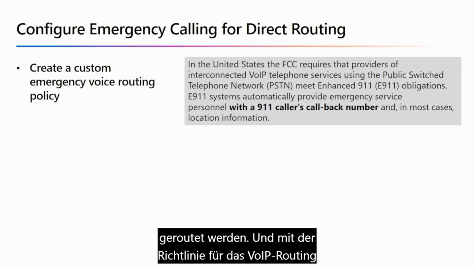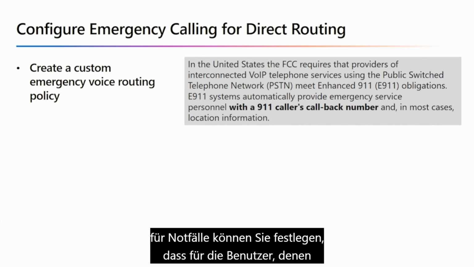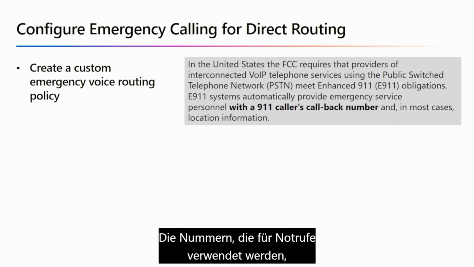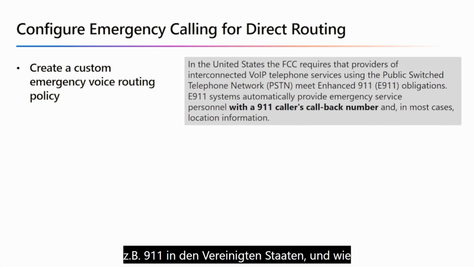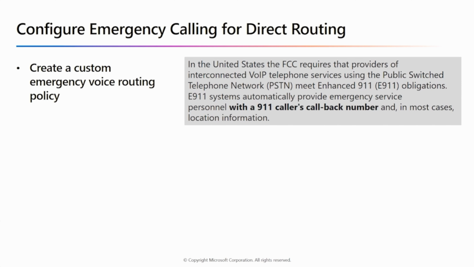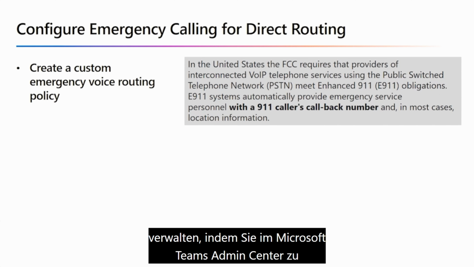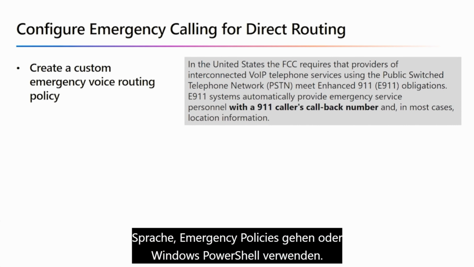An emergency voice routing policy determines whether enhanced emergency services are enabled for users who are assigned the policy, the numbers used to call emergency services, for example 911 in the United States, and how calls to emergency services are routed. You can manage emergency voice routing policy by going to Voice, Emergency Policies in the Microsoft Teams Admin Center or by using Windows PowerShell.